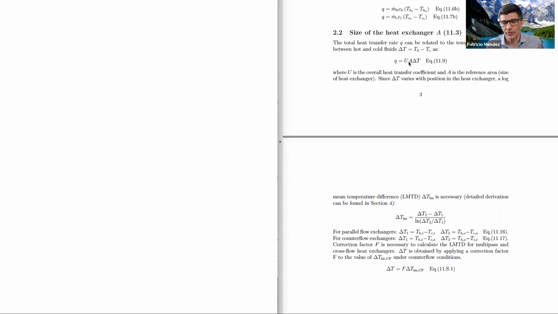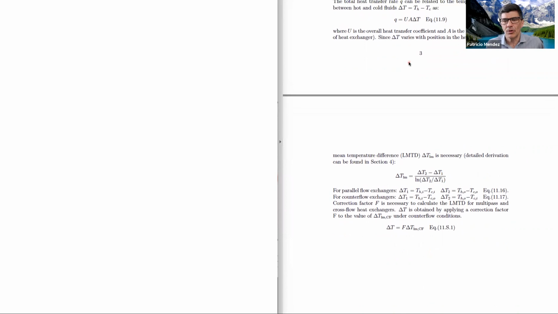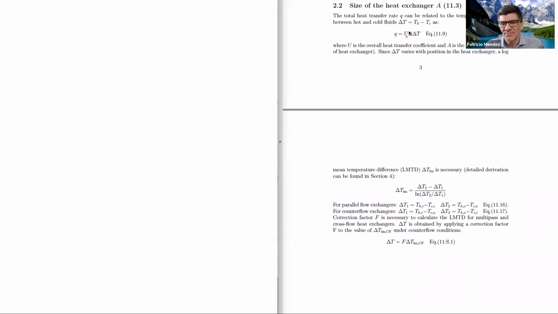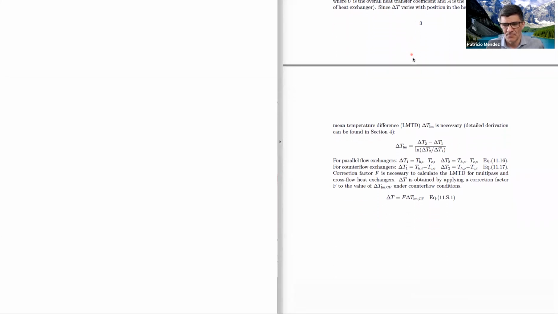Let's go to the third equation then. And the third equation is, okay, let's pay attention to this overall heat transfer coefficient, which you saw already in week 5 of classes.